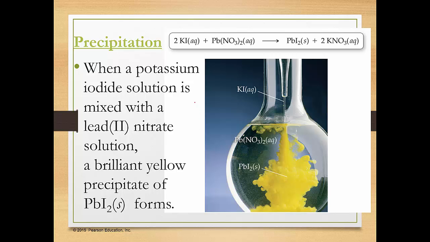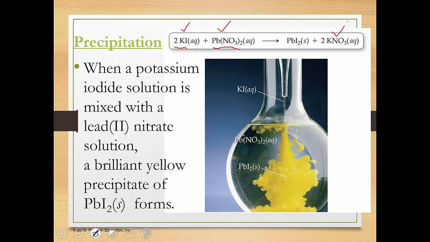When I mix those together, I started with potassium iodide and lead nitrate. When I look at my rules, potassium is group 1A, so that one is going to be aqueous in solution. That's why I've put the aq here. I'm going to have potassium ions and iodide ions. Lead nitrate, nitrates are always soluble, so I have lead ions and nitrate ions.